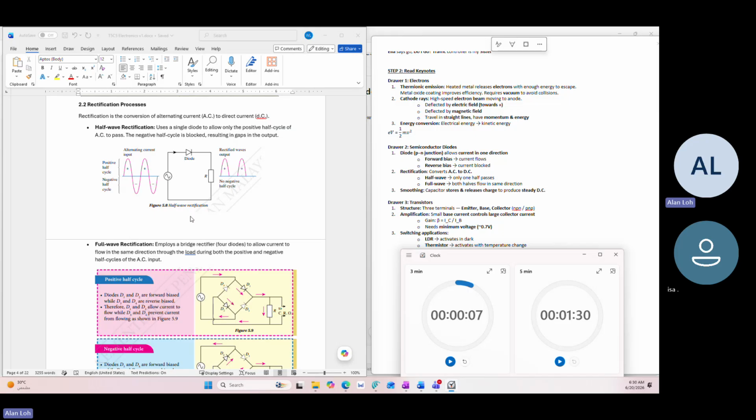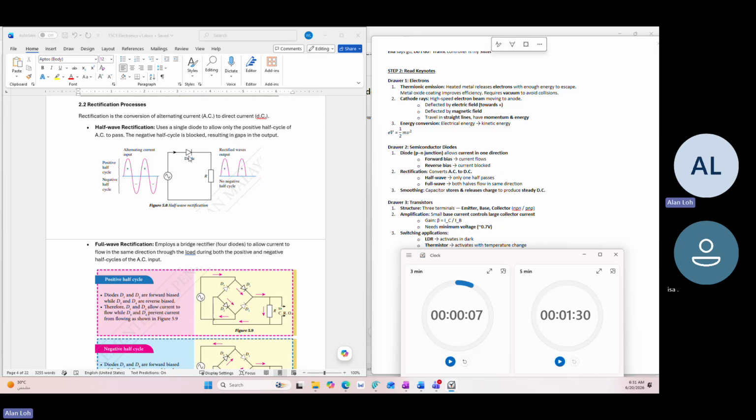So in 1 second, let's say this cycle is 2 seconds. For the first second, it is clockwise. For the second second, it is anti-clockwise. So it keeps alternating. That's why it's called alternating current. Positive for the first second, then it will switch back to negative, positive here. Then the current will go like this, anti-clockwise for the second second, right?